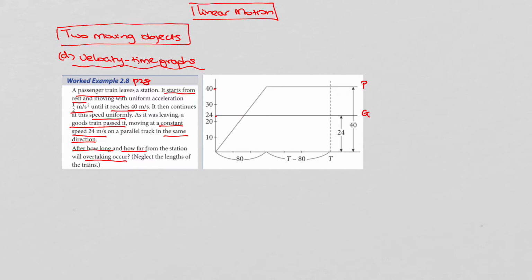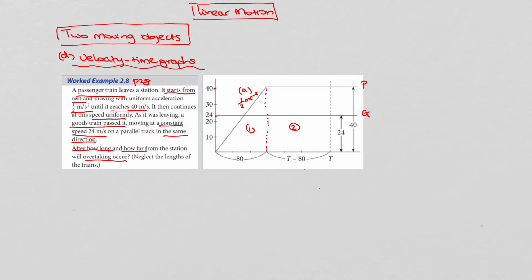Okay, so how long is it accelerating for? Well, let me break this down. We know that it starts from rest and has a uniform acceleration of 0.5 meters per second squared. So that's the acceleration. And we know that the velocity reached is 40. So let's break that down into stage 1 and stage 2 of the journey.